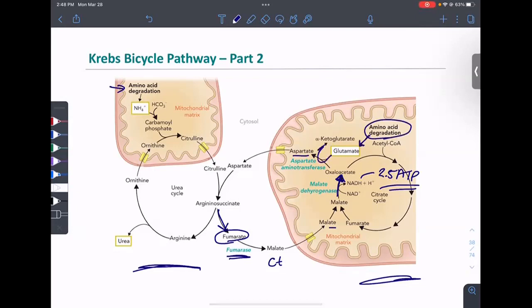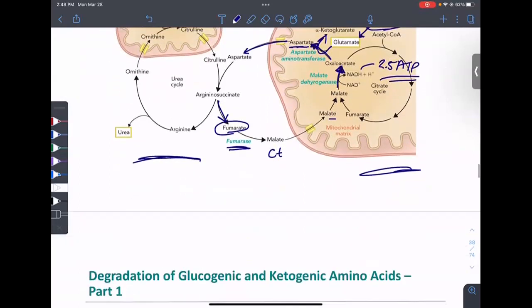We can harvest the carbon skeleton by removing that nitrogen group, making alpha ketoglutarate, and having aspartate be produced. And so once we have oxaloacetate from the malate, we can actually convert that into aspartate. Then the aspartate can go in. Remember, we needed aspartate to replace the AMP on the citrulline to make argininosuccinate. And that was where our second nitrogen came in. So the 2 pathways are super linked and really, really important to keep each other going.